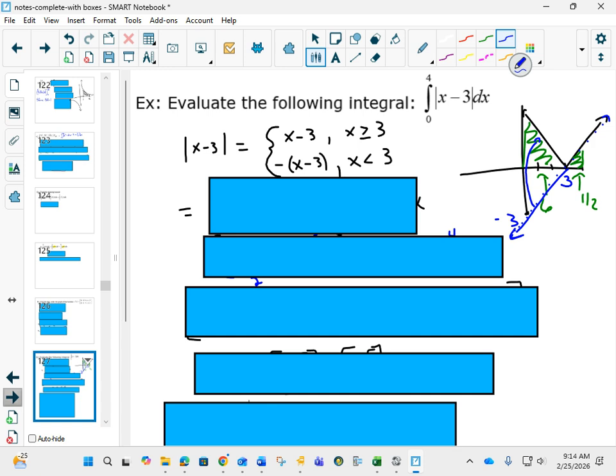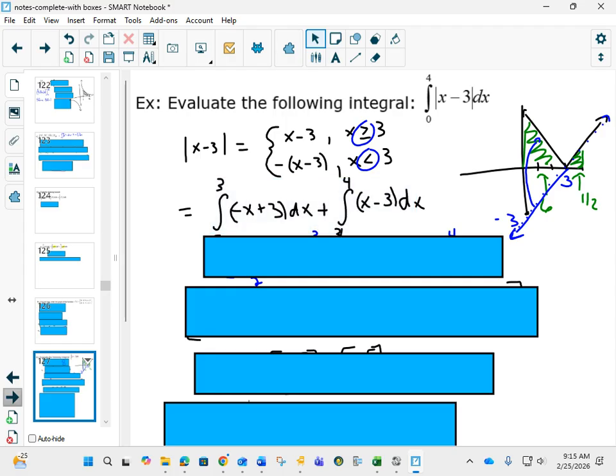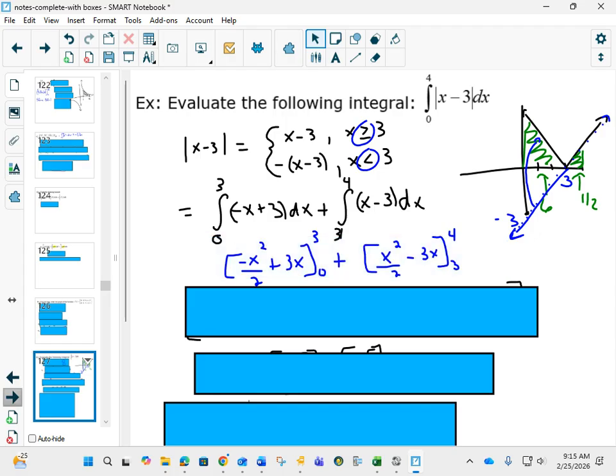When we write piecewise functions, we include the equal sign only in one of them. It doesn't matter which one you choose, but it is only in one of them. And so now we can integrate from 0 to 3 of the negative part, and from 3 to 4 of the other part.